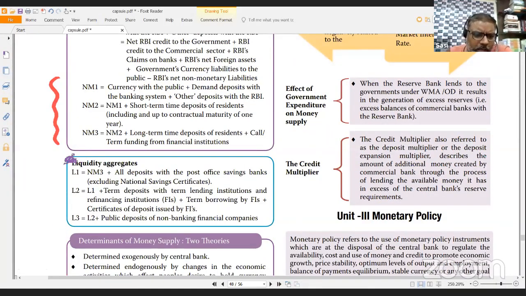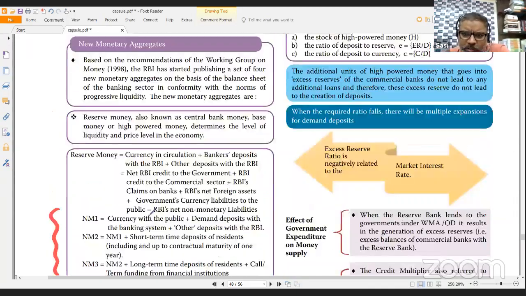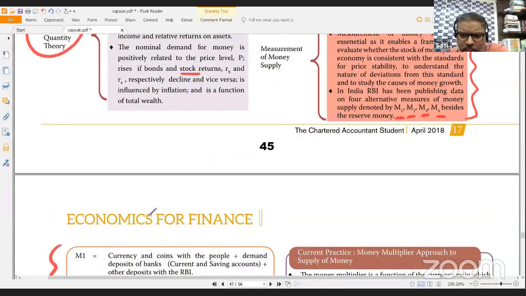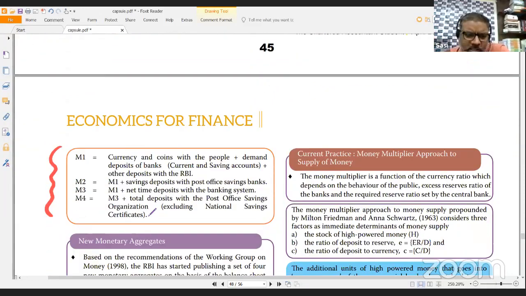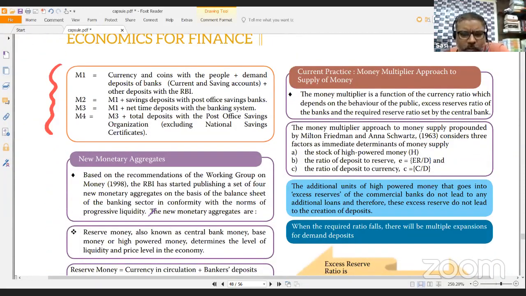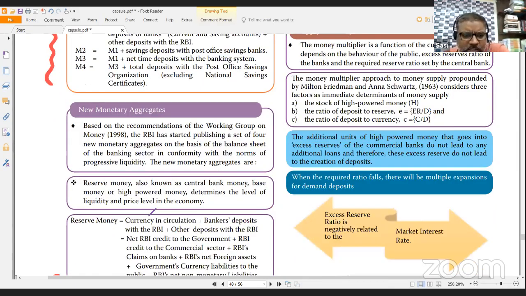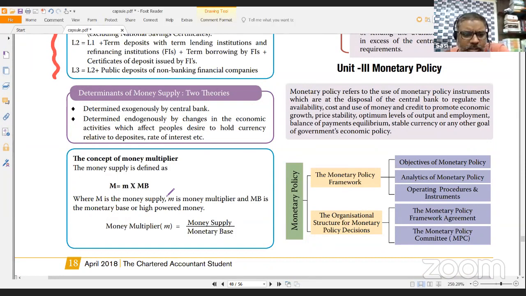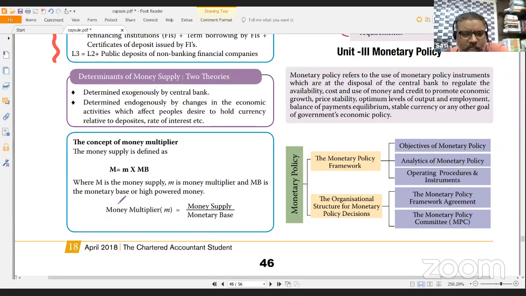Later on, liquidity aggregates were added: L1, L2, L3. You just have to remember these formulae, that is enough, because there is nothing particularly conceptual about it. If RBI says this is M1, that is M1. Who are we to say something about it? That is more or less a memory-based requirement. But you should remember those things. Questions can be expected from that also.